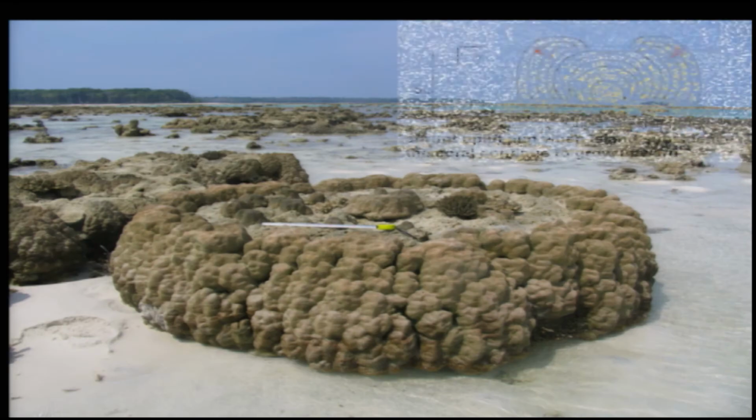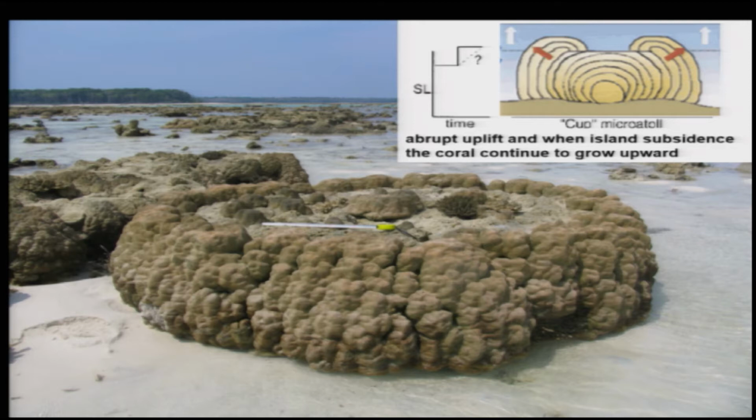Now, for example, if you look at this one here, this is an abrupt uplift. When the island subsides, the coral continues to grow upward. So uplift will expose the coral, but the subsidence will again allow the coral to grow laterally.